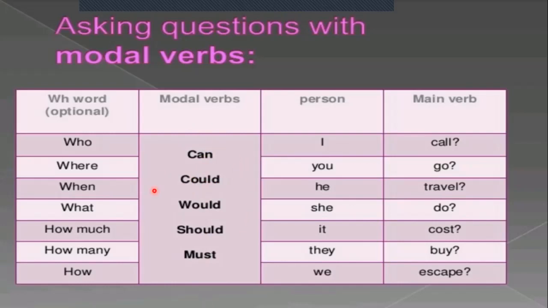We can use can, could, would, should, must with all persons, singular or plural. Plus main verb. Main verb here means the verb in the first form, in infinitive. We must use the main verb here in the first form.